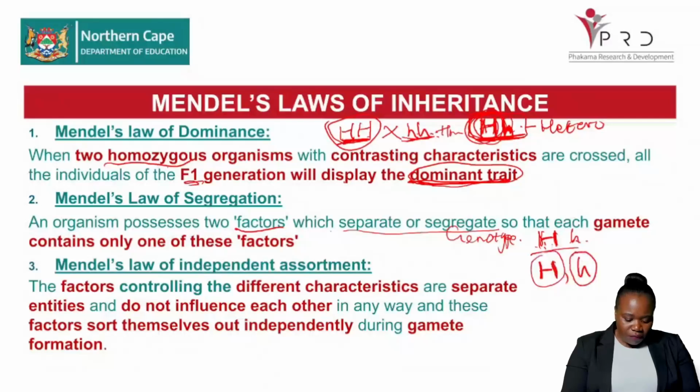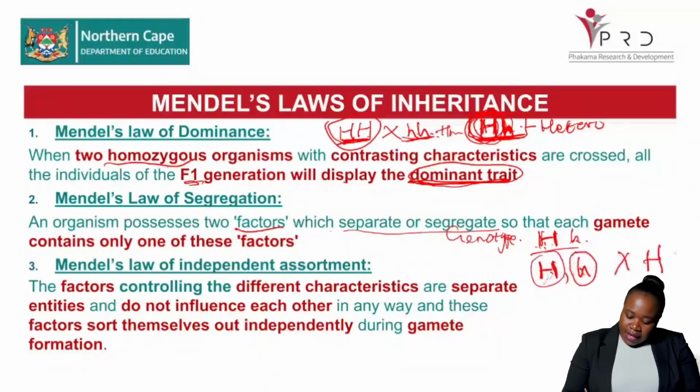Okay, then the law of independent assortment. The factors controlling the different characteristics, these are the factors, are separate entities, right? And do not influence each other in any way. And these factors sort themselves out independently during gamete formation. We can see that they have separated from each other, right? Now, what this means is that they are separate entities.